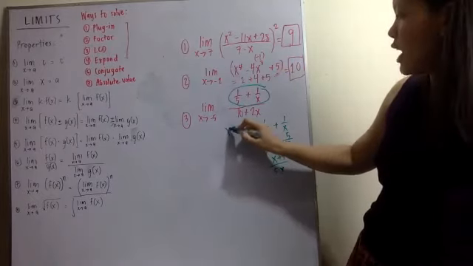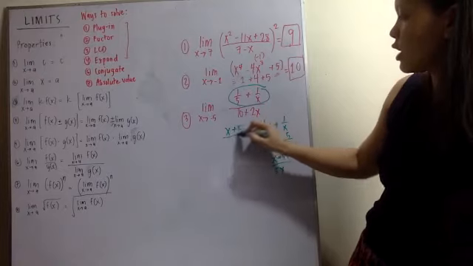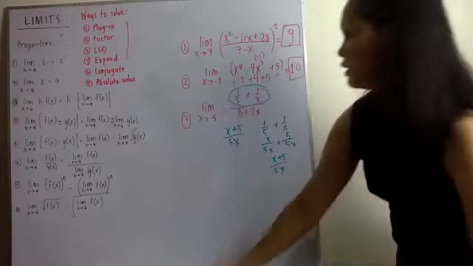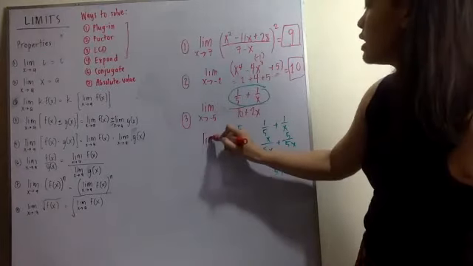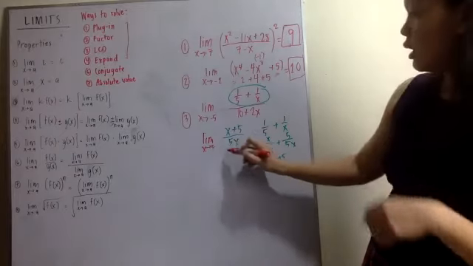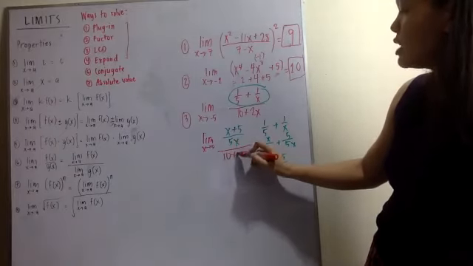So we have x plus 5 over 5x, limit as x approaches 5, all over 10 plus 2x.